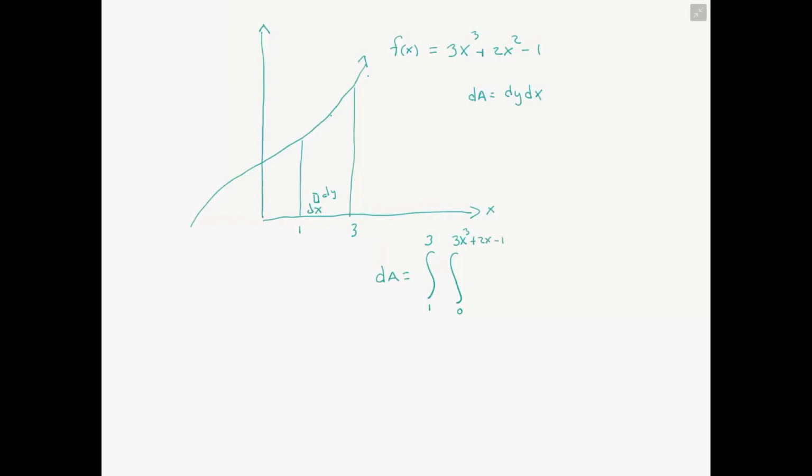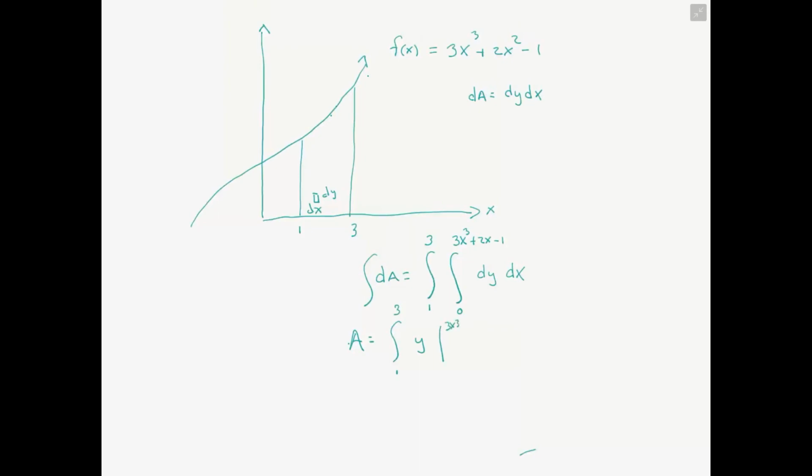But f of x is 3x to the third plus 2x squared minus 1. That's our limit of integration, dy dx. And so we say that A is equal to 1 to 3.